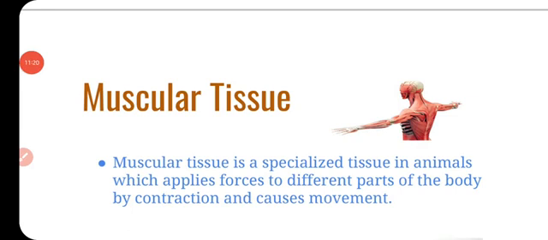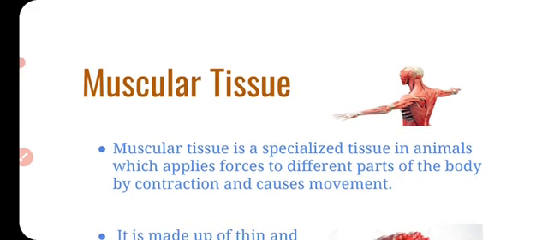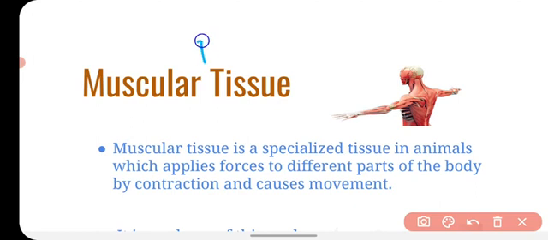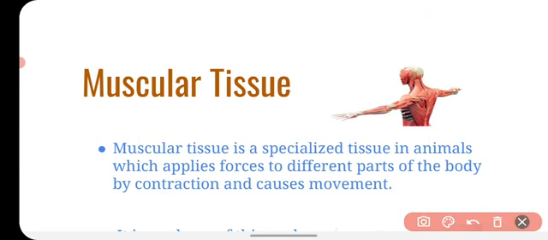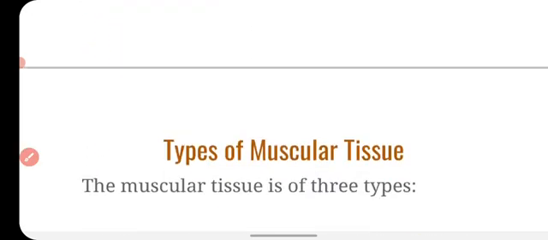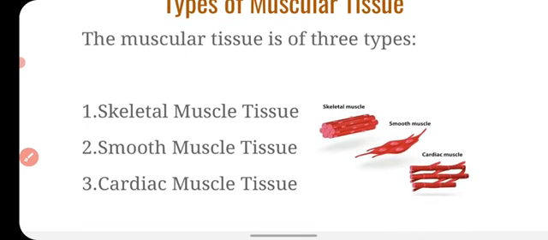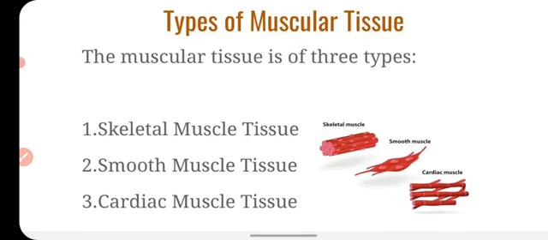So we get to know that muscular tissues are specialized tissues found in our body that cause movement. They are responsible for bringing about movement in our body parts and the whole body. There are three types in our body: skeletal muscle, smooth muscle, and cardiac muscle.